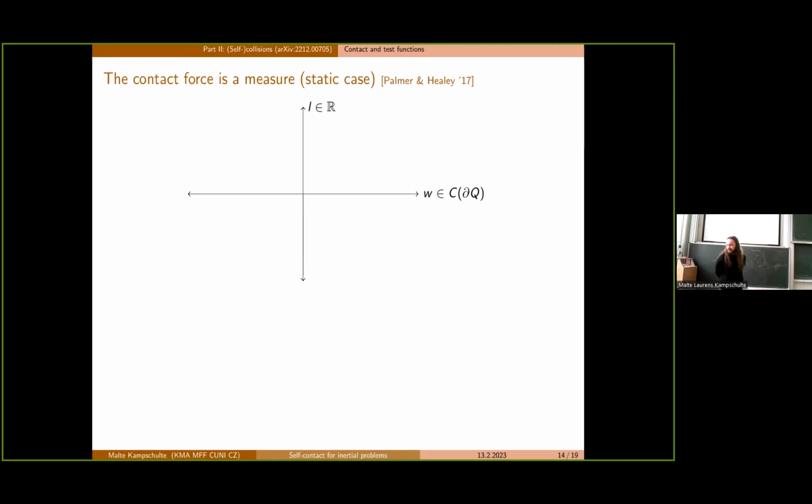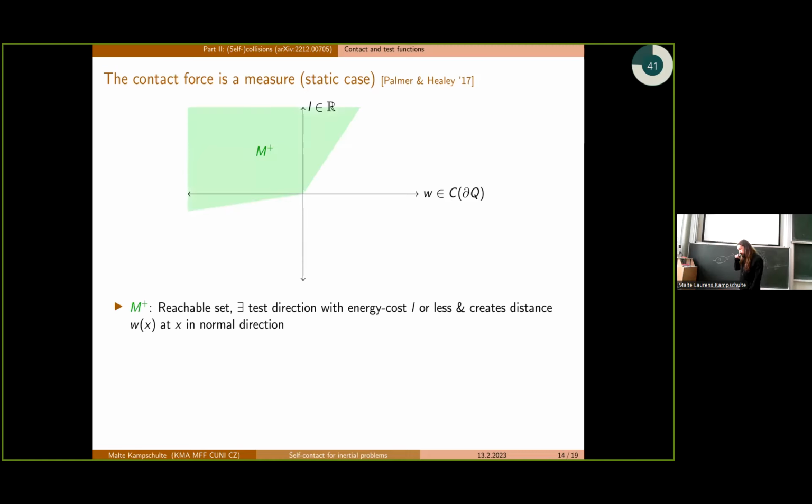It just works out. Okay, what's the idea? So in this whole graph, you should think of W as the distance between contact. If you go further to the right, this means, okay, we managed to get some distance at certain points. That's why W is a continuous function.